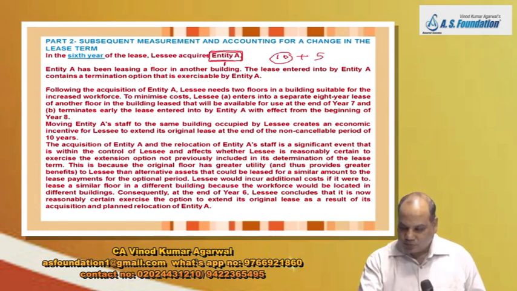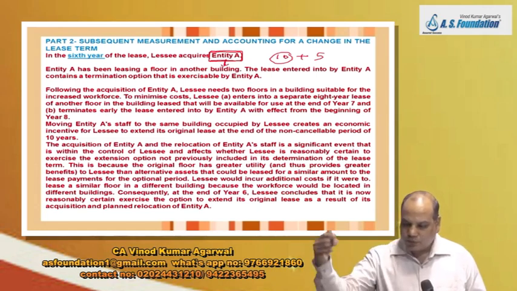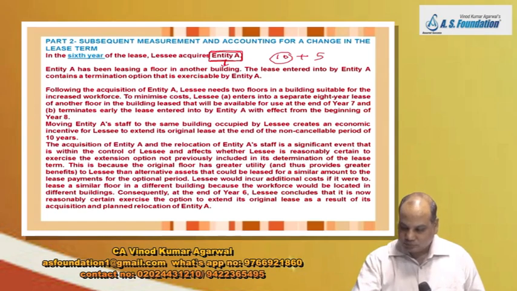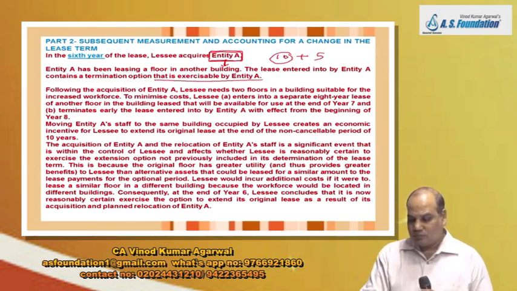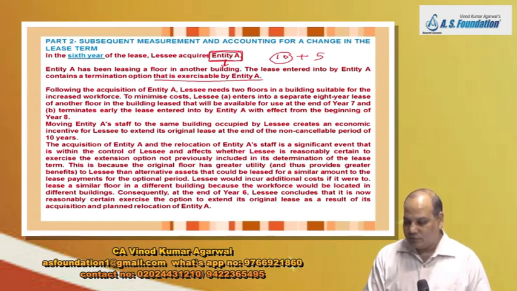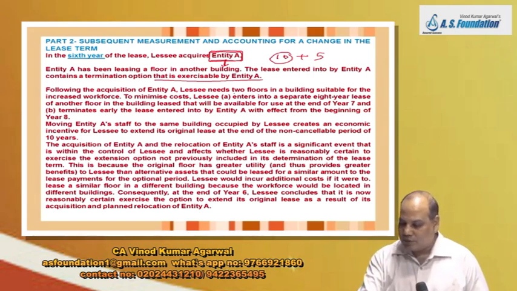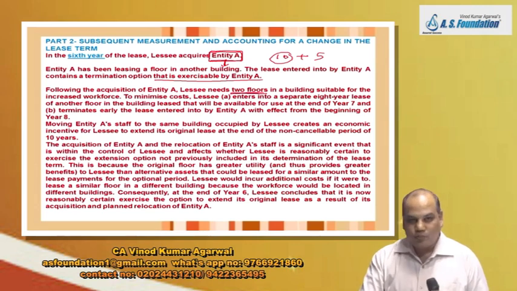So this company which we have acquired is operating in another building. The lease entered into by entity A contains a termination option that is exercisable by entity A. Following the acquisition of entity A, the lessee needs 2 floors in a building suitable for the increased workforce. Understood? First I was working on 1 floor. Now I require more space because of the increased workforce.